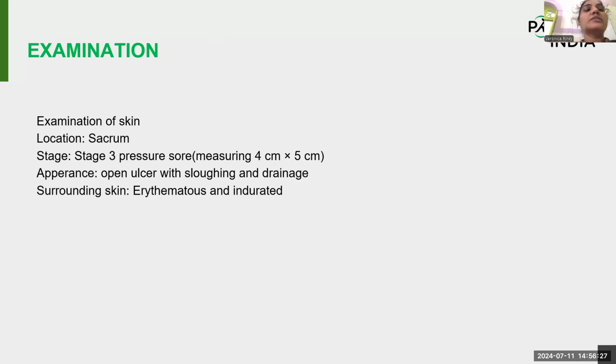Examination. On examination, skin location: sacrum, stage: third pressure sore measuring 4 centimeters by 5 centimeters. Appearance: open ulcer with sloughing and drainage, surrounding skin erythematous and indurated.